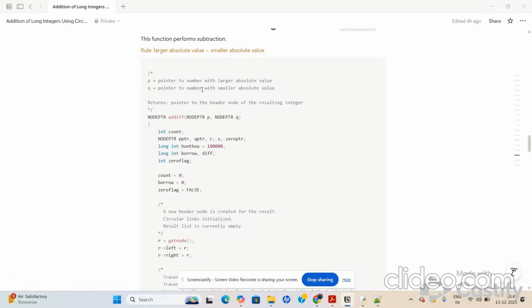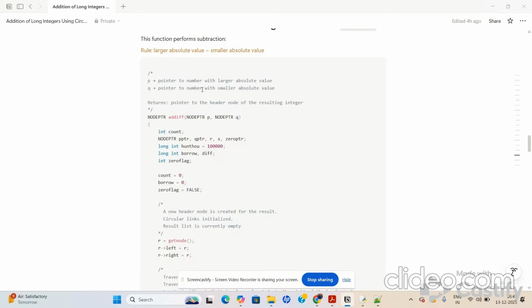Okay, before looking into the function exactly, recall how manual subtraction happens. If you do any arithmetic operation, either addition or subtraction, you do it on digits from right to left.